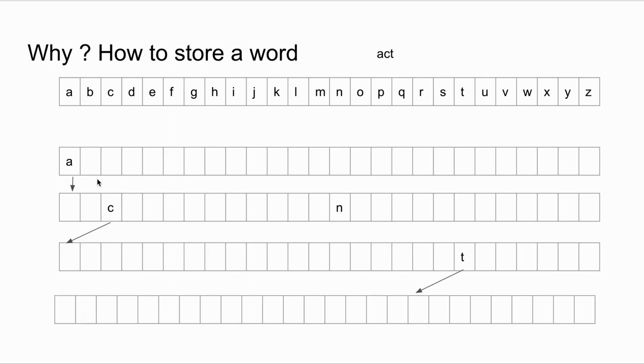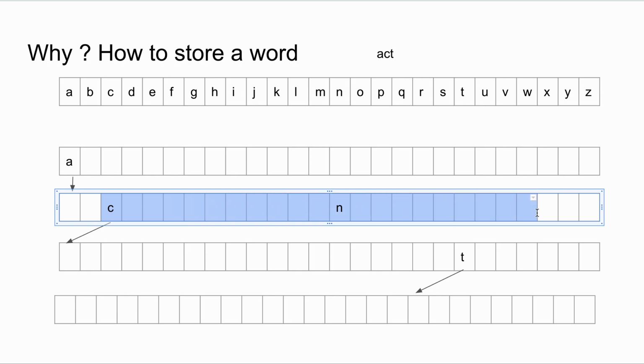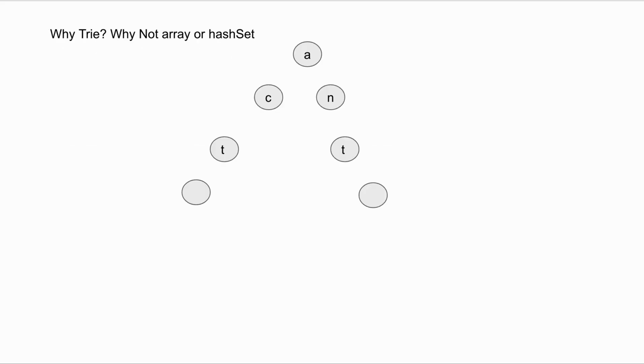For example, we were able to save a lot of space by using the same array because we wanted to store act and and, which just have the common initial letter, that is A. But remember, in a dictionary the words are very close to each other, and in the real world also, for example, a search engine will also have words that are very close to each other, and hence we will be able to save a lot of space, unlike a hash set.